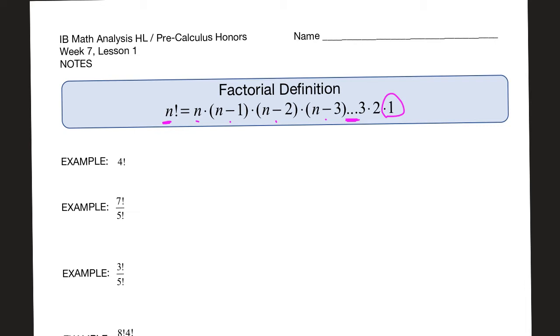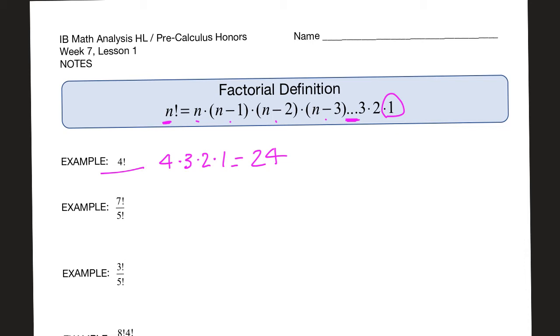For example, this is 4 factorial, so you start with the 4, then 3, then 2, then 1, and when you get to 1 you stop and do the multiplication, and you get 24.